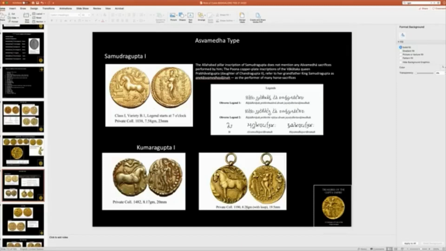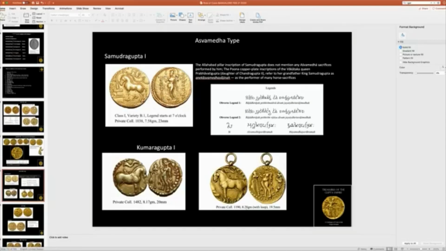Now, in this coin, it's very important. The design is, of course, a yupa. The horse is standing facing that, on a pedestal sometimes. In the back, we see the queen.